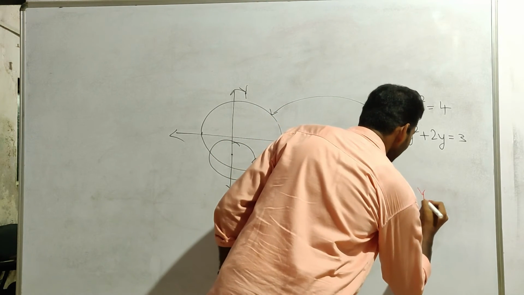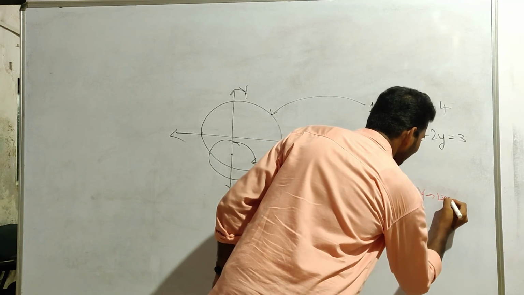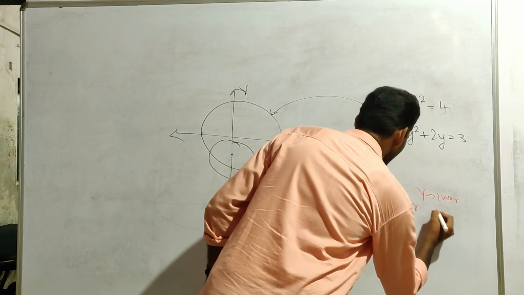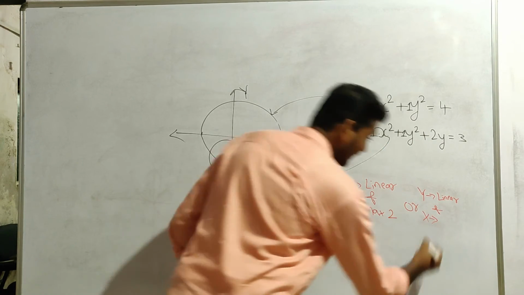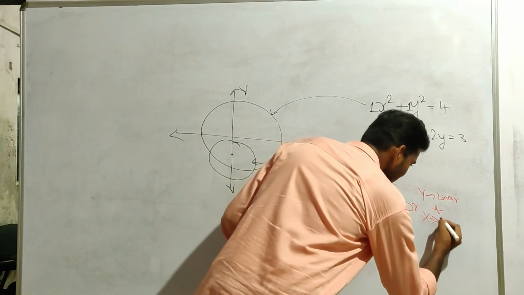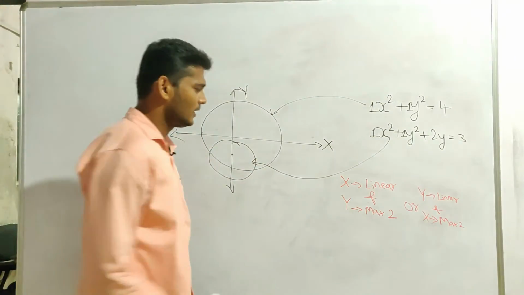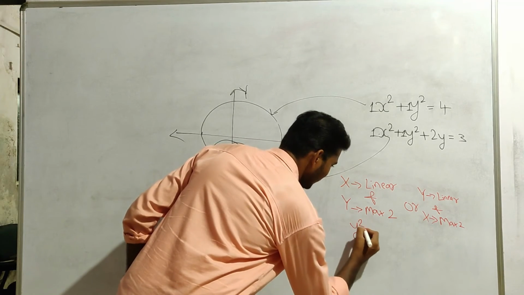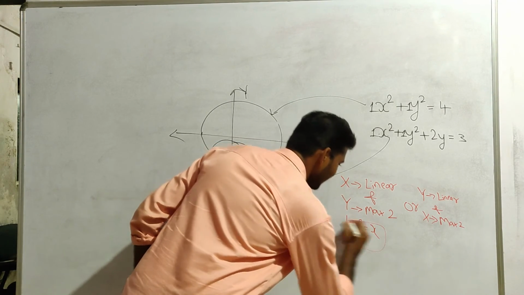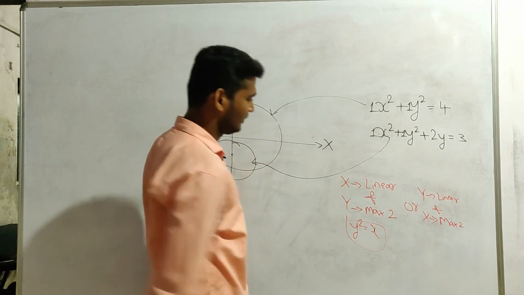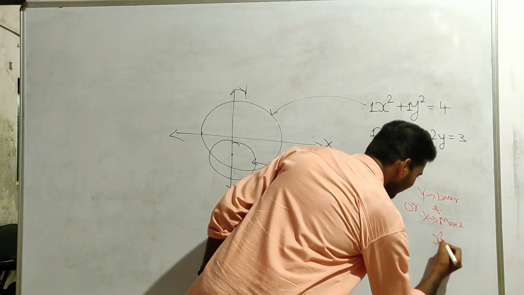My y can be linear and x can be quadratic. That means its maximum power should be 2. What will be the example of this? Simple. y square equal to x. And what will be the example of this? x square equal to y.